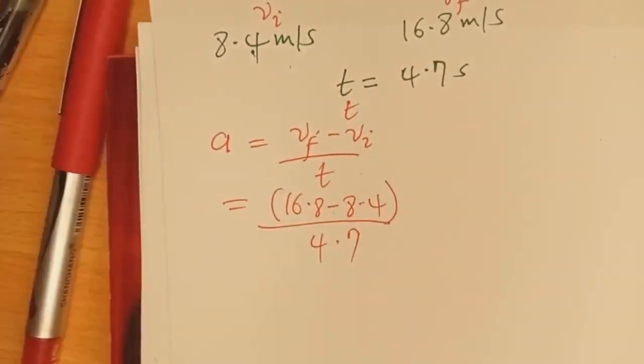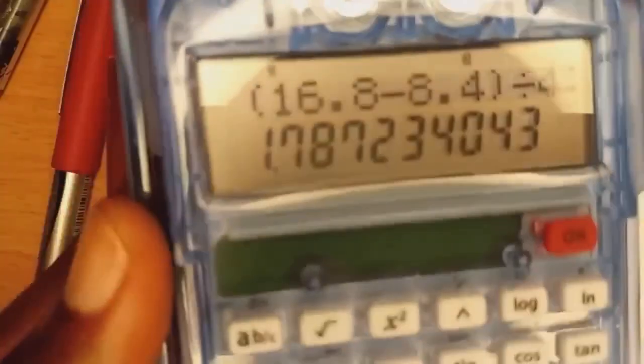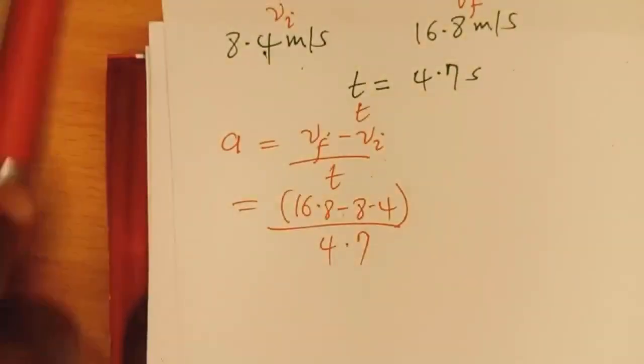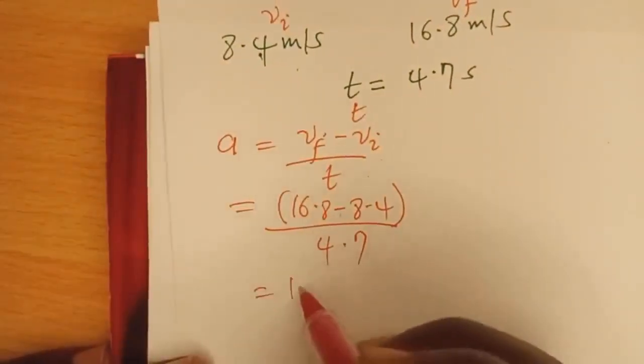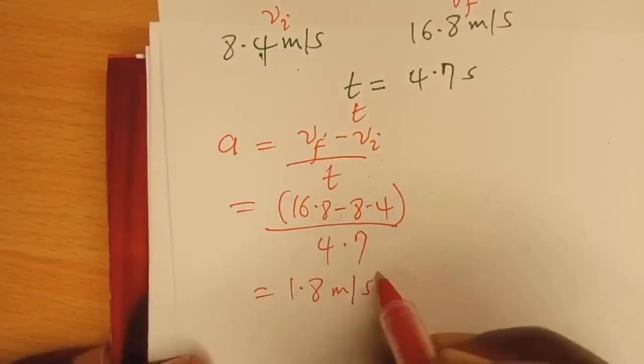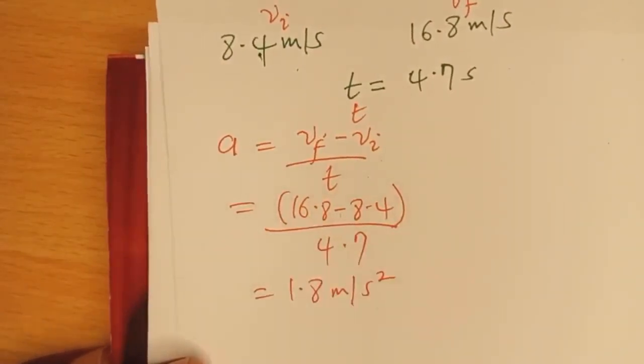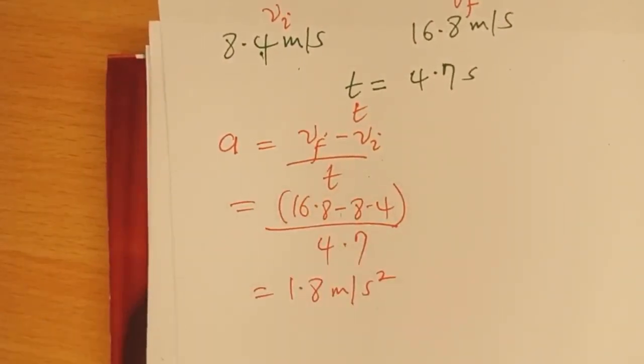So again, you take the calculator, you open bracket 16.8 minus 8.4 close bracket divided by 4.7. When you do that, approximately I have 1.8, so my acceleration is 1.8 meters per second squared, approximately, correct to one decimal place.